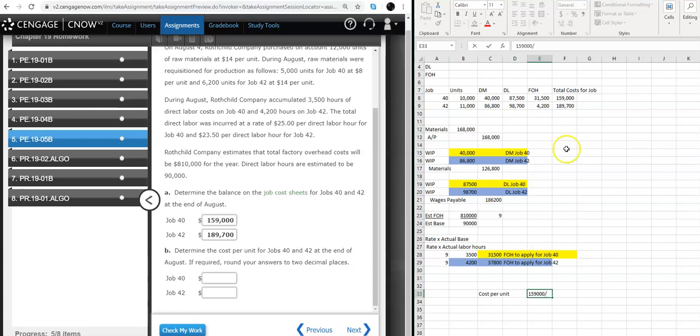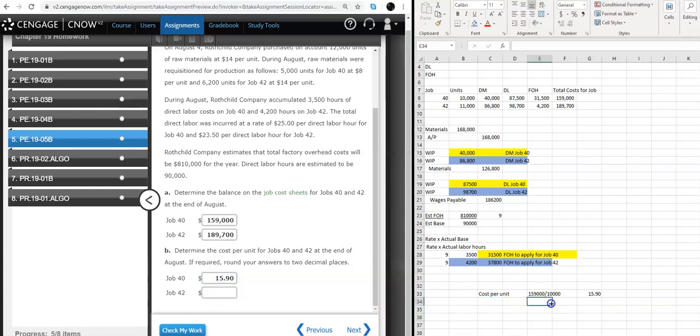And your total units we were given is 10,000. So if we divide 159,000 divided by 10,000, we get 15.90, and it tells us to round to two decimal places. So let's just make sure that we can see all of our decimal places here. We get 15.90. That's how much it costs per unit.